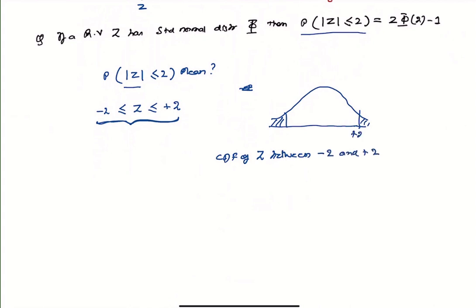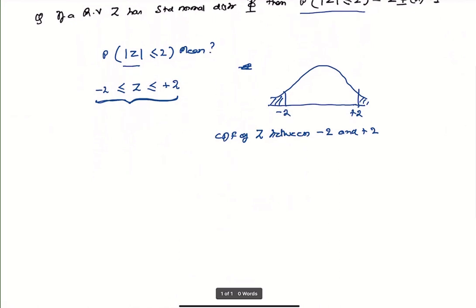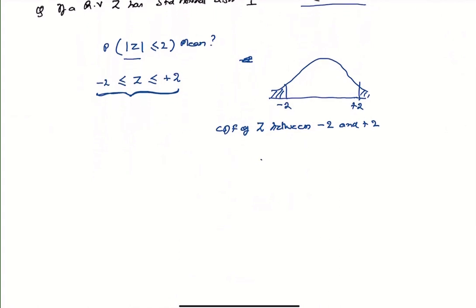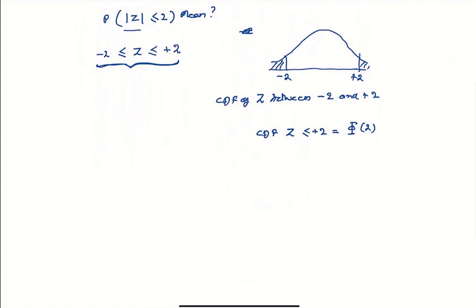So this is plus 2 and this is minus 2. What will be the CDF of z less than or equal to plus 2? That is going to be represented by phi 2.